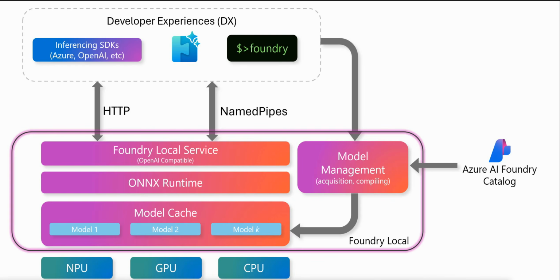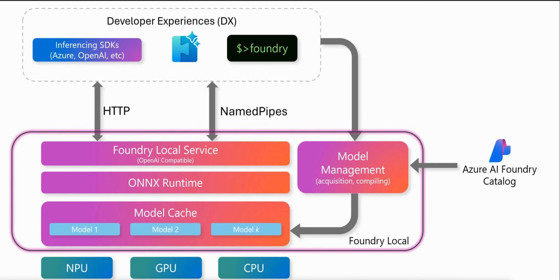All these things can be done either through the Foundry CLI or the REST API. It is totally up to you. But one thing to remember here is how the life cycle works. Whenever you want to use any model, first you need to download it. You need to load it into memory, run it, unload it once you are done, and then delete it if you really want to free up some space on your machine.